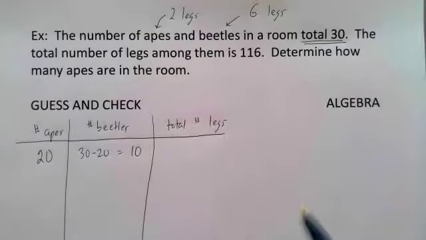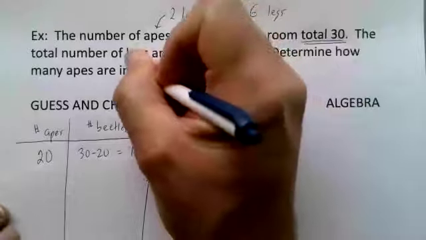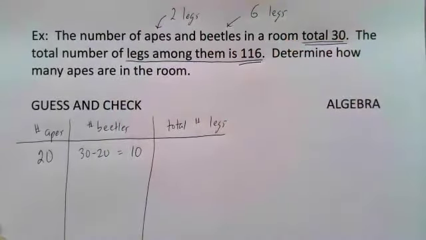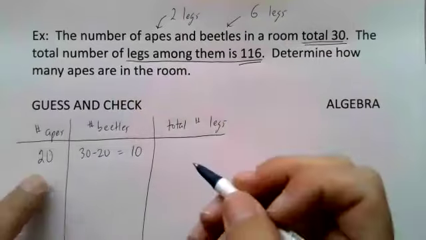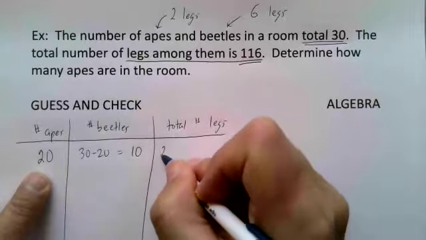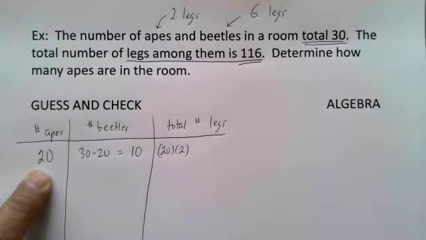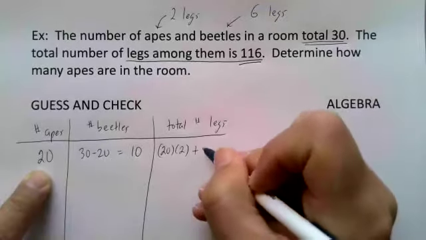Now, if there were 20 apes and 10 beetles, would that make the legs be what we need it to be? Because we need that to be 116. Well, remember, there's 20 apes and each one has 2 legs. So that's the total number of ape legs we got in the room.